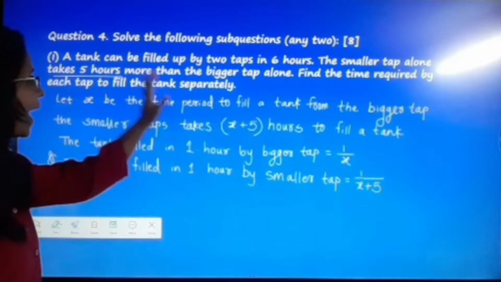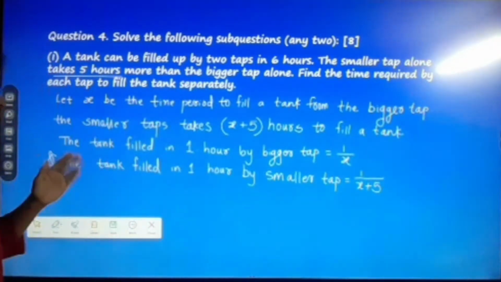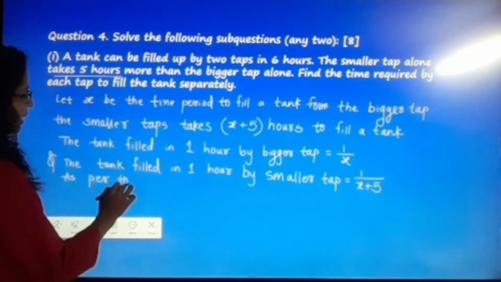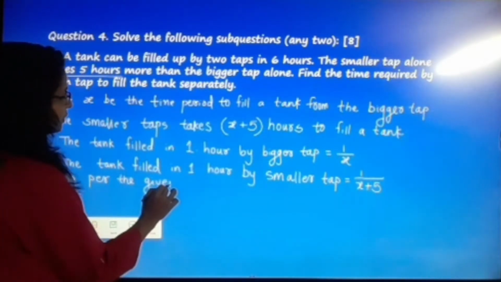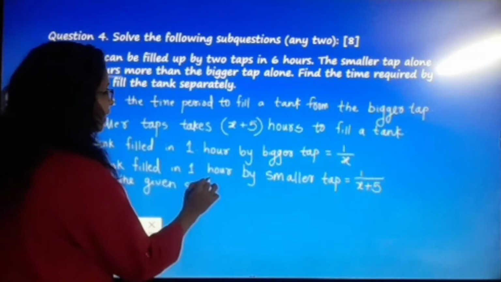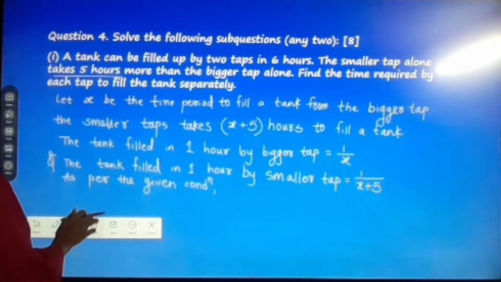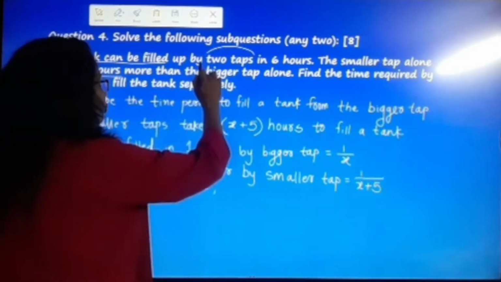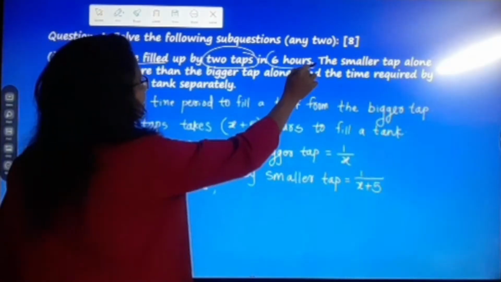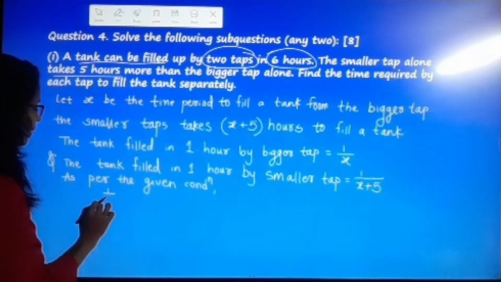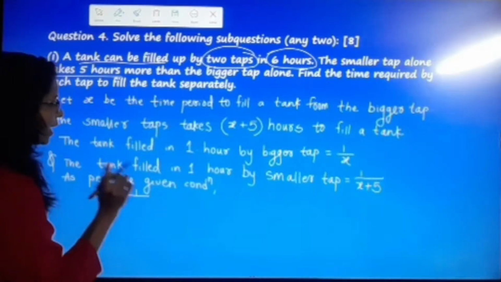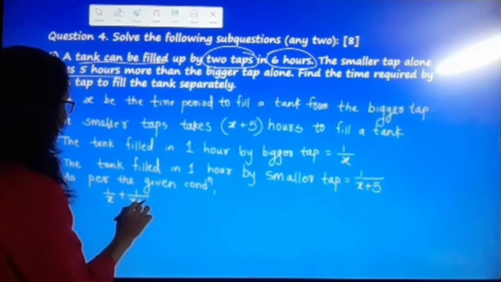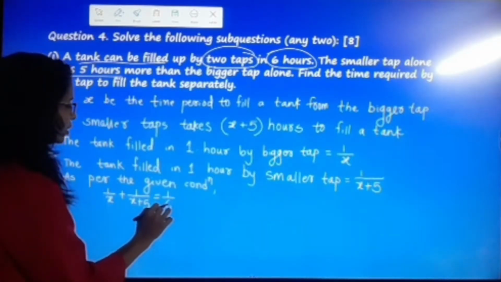As per the given condition, a tank can be filled up by the two taps in 6 hours. So 1 upon x plus 1 upon x plus 5 is equal to 1 upon 6.